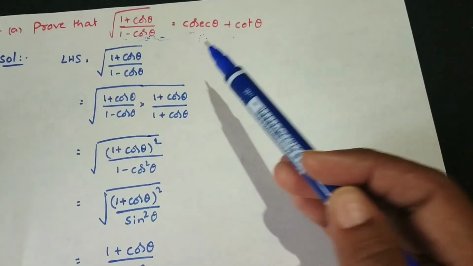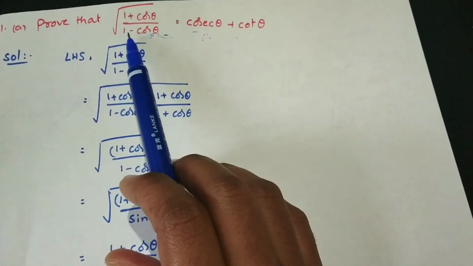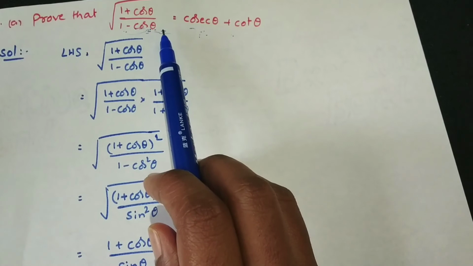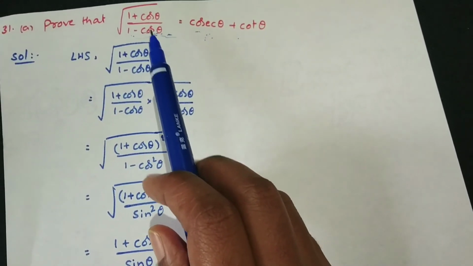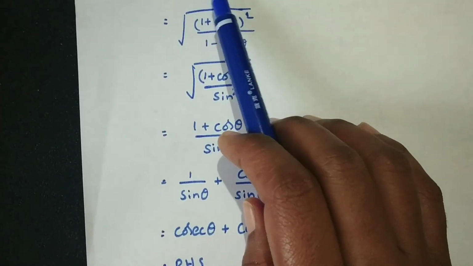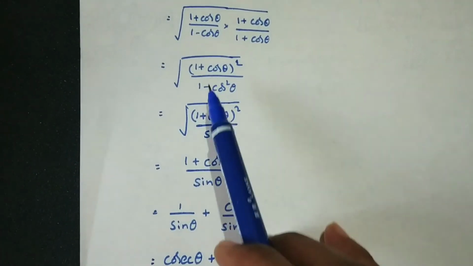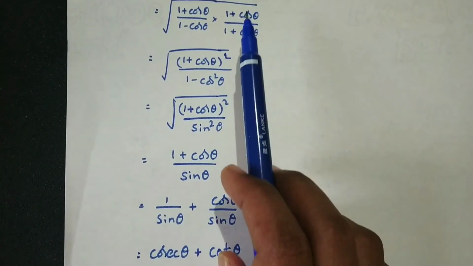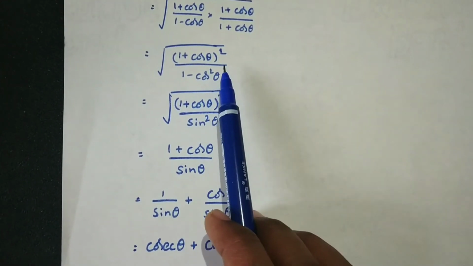In the denominator I want sin theta, so by what thing I have to multiply numerator and denominator? Multiply the full thing by 1 plus cos theta by 1 plus cos theta. Then you are going to get 1 plus cos theta whole square in the numerator, and in the denominator 1 minus cos square theta.